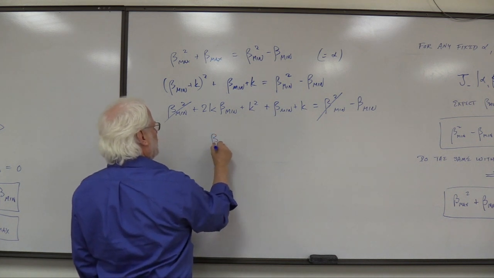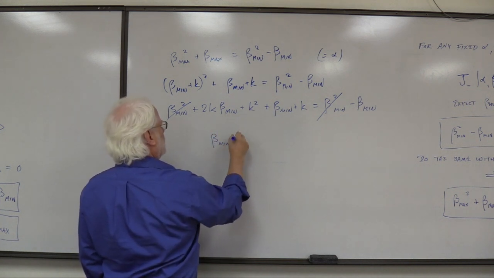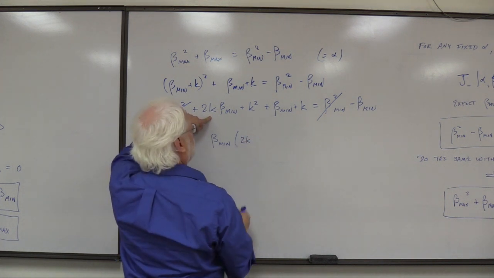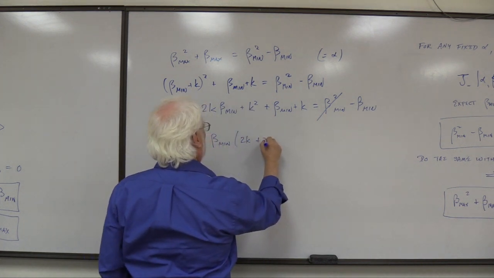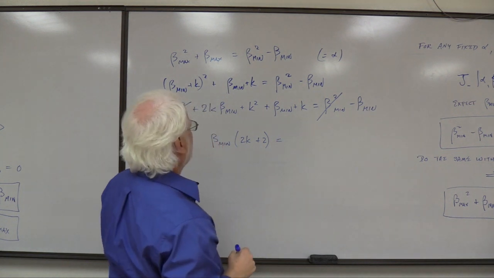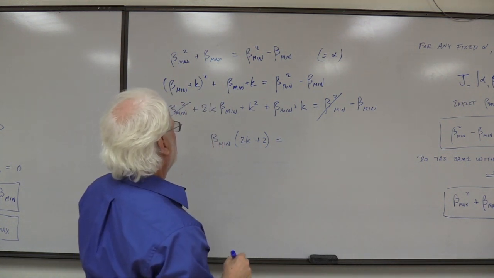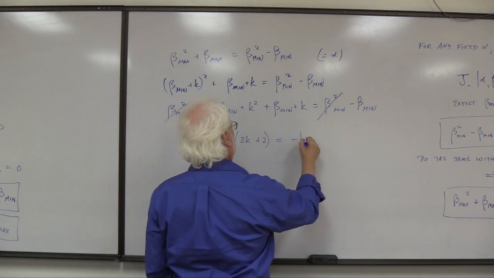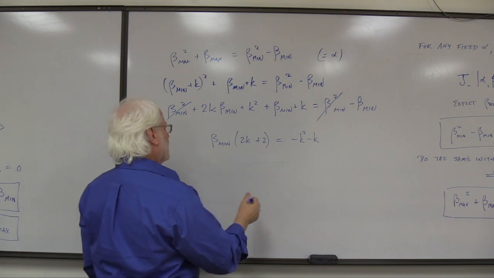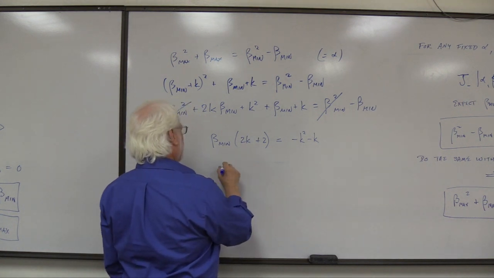Let's bring all the beta min stuff over here. We have 2k plus 2 times beta min, and on this side, minus k squared minus k.